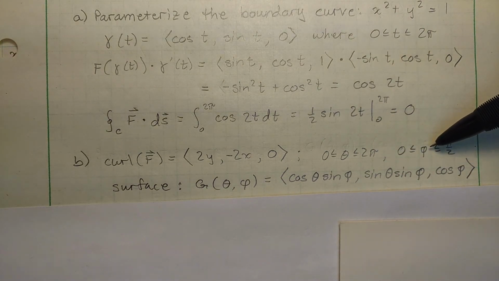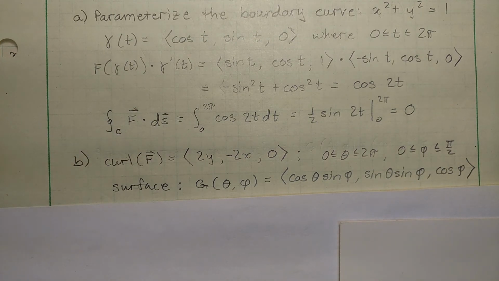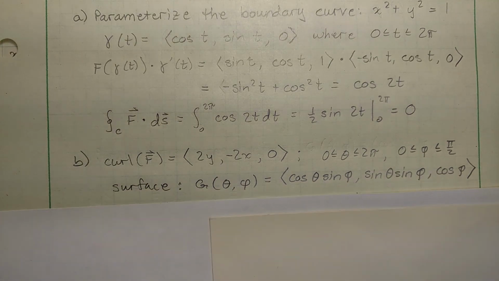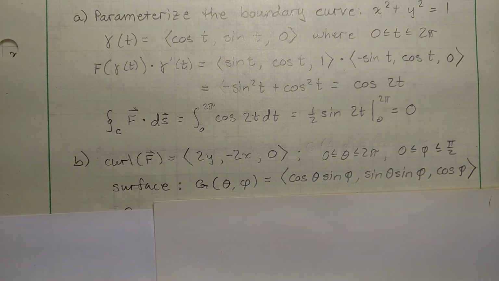But remember, for phi, we only want the top half of the surface. So we're only going to go from 0 to pi over 2. If we wanted the entire sphere, this would go from 0 to pi. So there's our surface. Okay. So now, in order to do this operation here, we must go ahead and find the normal for the surface.